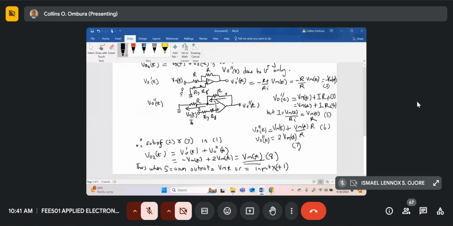So in conclusion, S closed implies input times minus 1. S open implies input times positive 1. Hence the name positive negative amplifier. So let's go back to my typed notes.